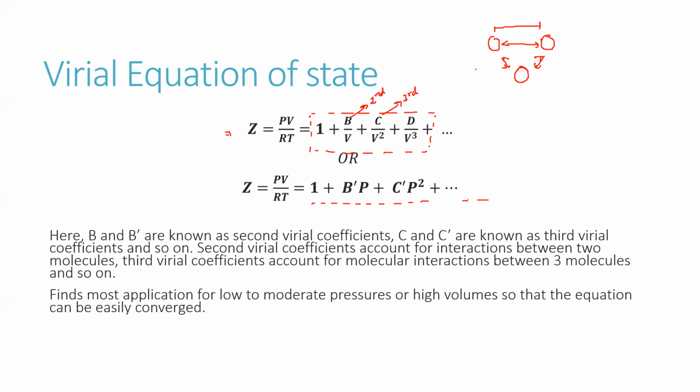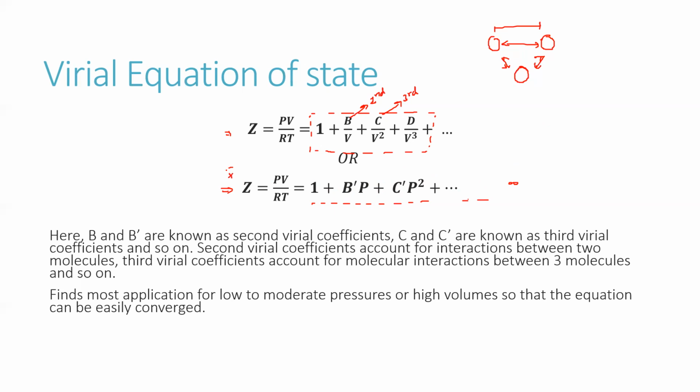The virial equation of state finds its maximum applications at moderate or low pressures or at very high volumes. The reason is that if we take pressure very high, then this series would go on till infinity, because if P is very high, then P square would be higher, P cube would be even higher, so it keeps increasing.